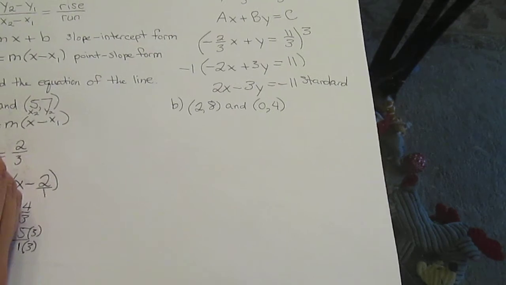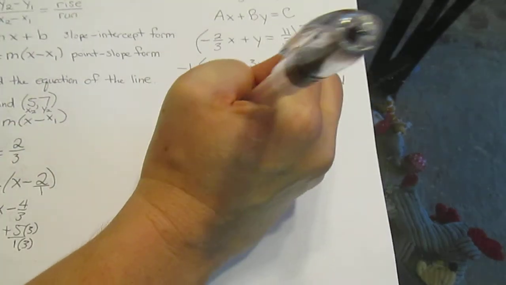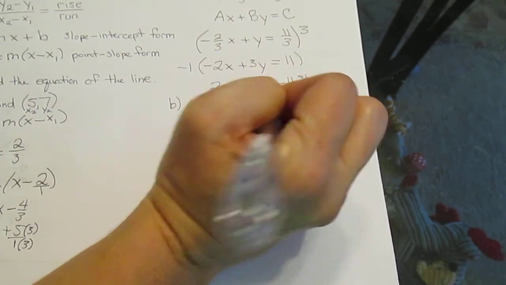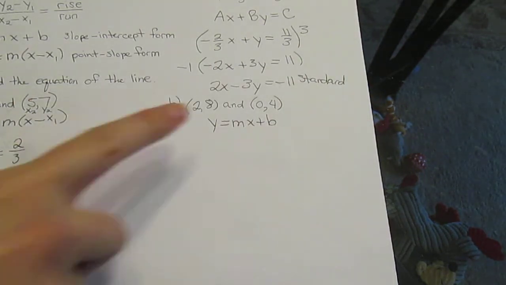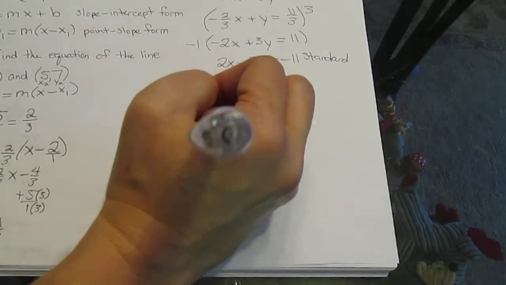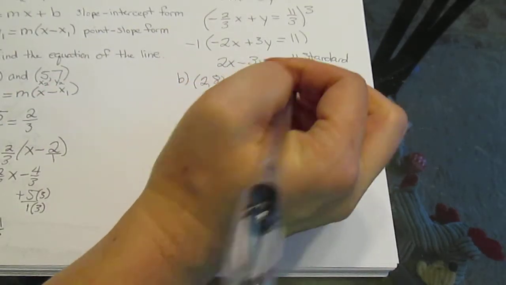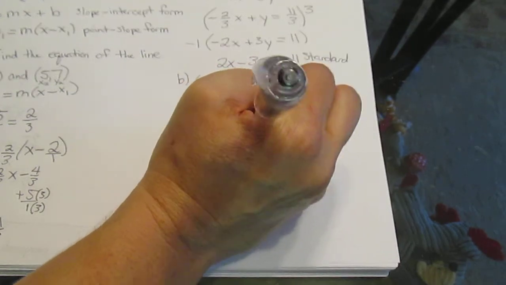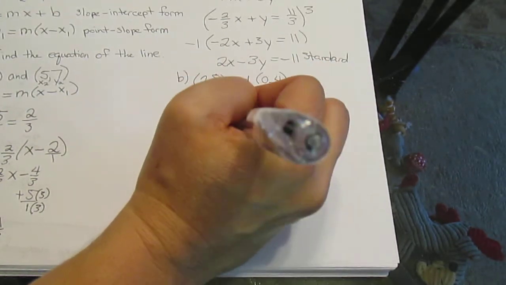Okay, so I'm going to write that down first. And we need the slope again, so go ahead and find the slope. So I've got m equals 4 minus 8 over 0 minus 2.